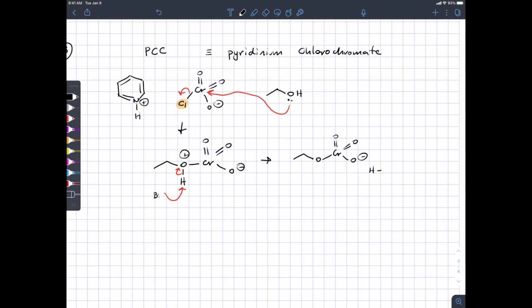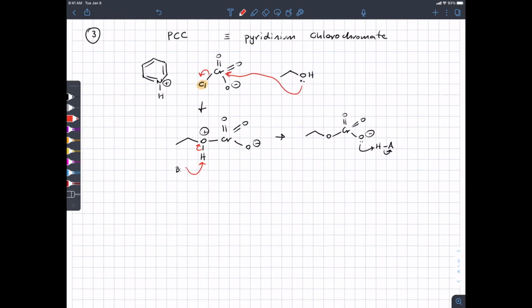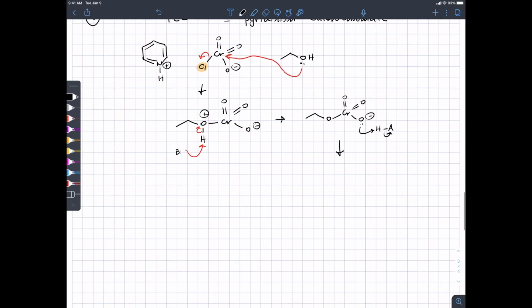And then in the next step, we pick up a proton here. Again, this is not important for you to memorize, but I do want you to see the key oxidation step. And this will be helpful in you realizing that this is indeed an oxidation reaction.